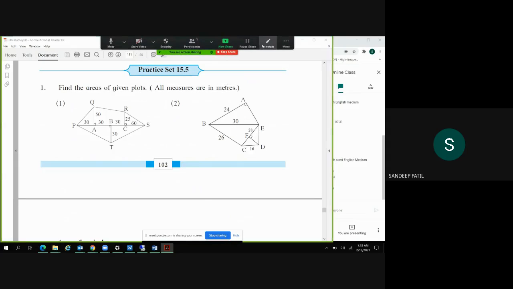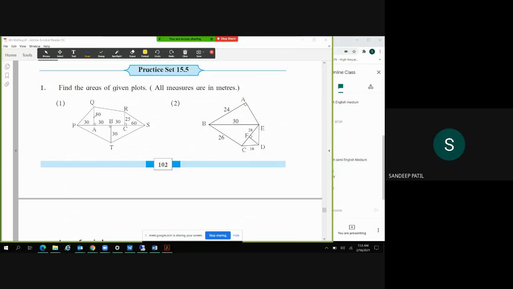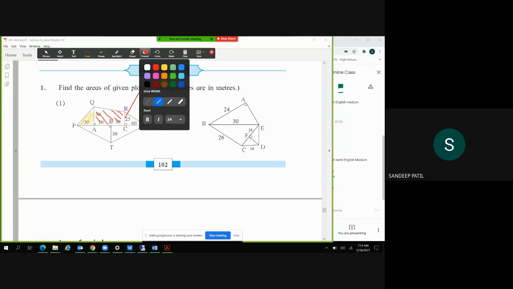Similarly, practice sets में यहाँ ये problems दिए हैं, यहाँ भी आप देख सकते हैं. You can calculate the area of this triangle, then this as a quadrilateral, and again this is another triangle, right?